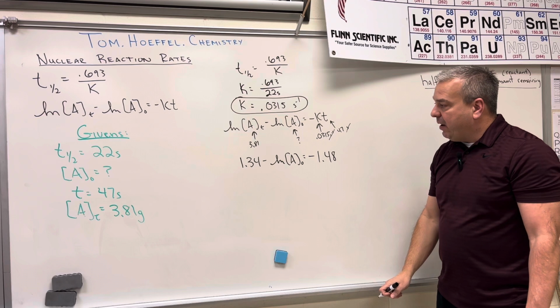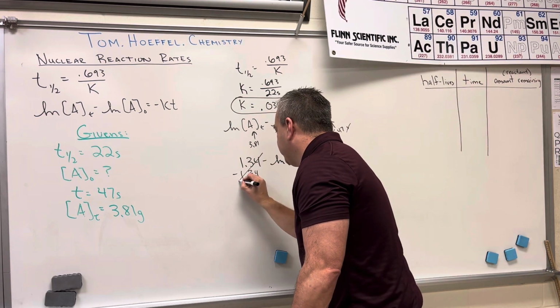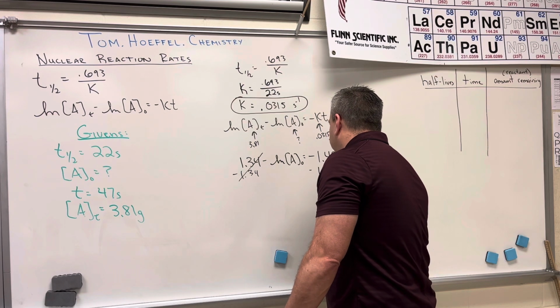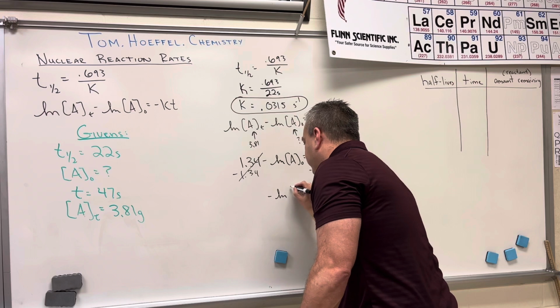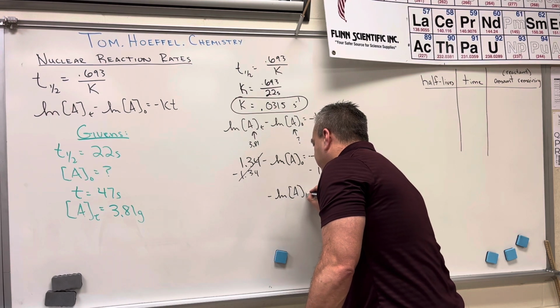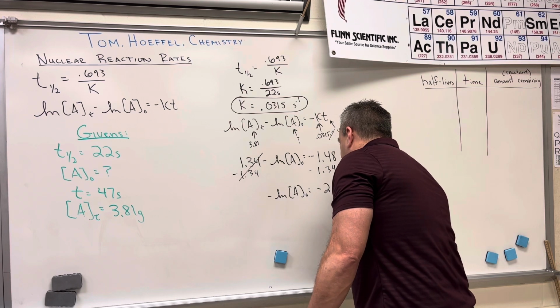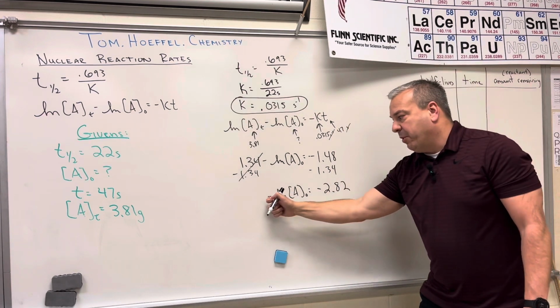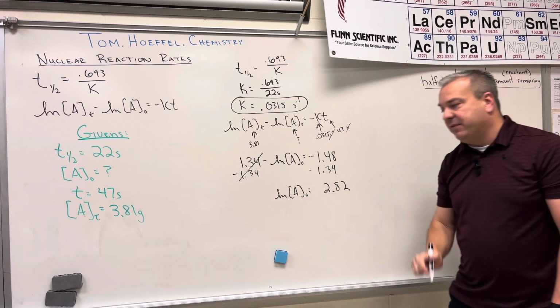Right now, I'm going to subtract 1.34 on both sides, and that's going to make this negative even bigger. So I get negative natural log of the initial amount is equal to negative 2.82. I'm going to multiply both sides by negative 1, and that's going to get rid of my negative numbers.